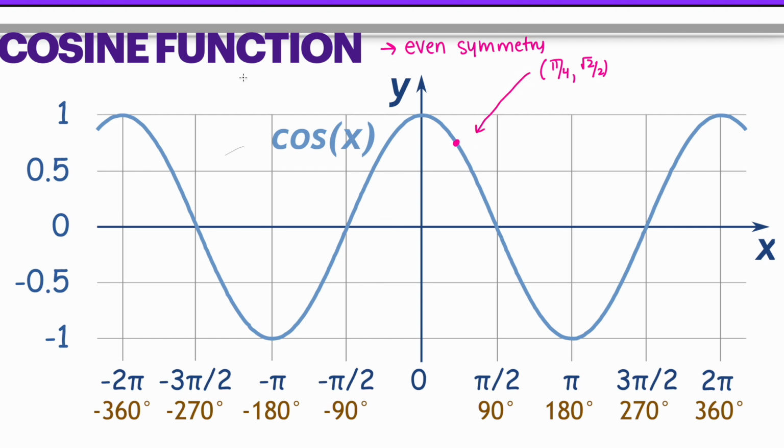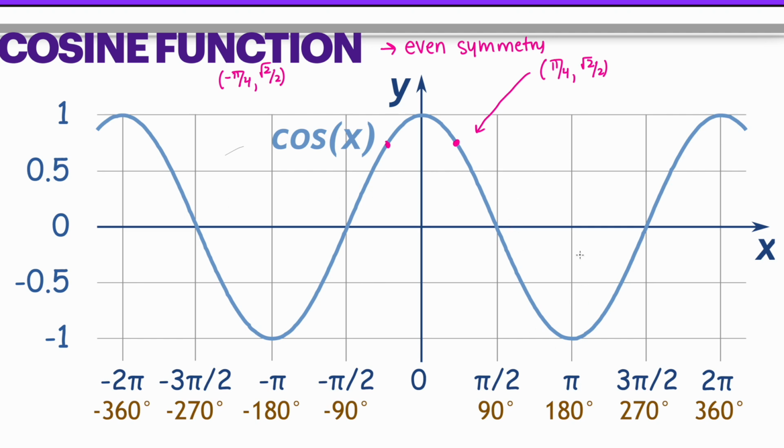If we were to do the same thing at negative pi over 4, it is still a positive square root of 2 over 2. That is even. Basically, it's reflected across the y-axis. If you were to fold the graph over the y-axis, they would actually match up.